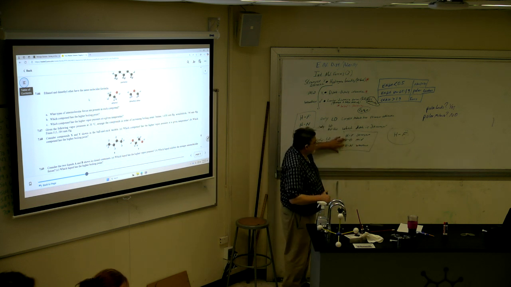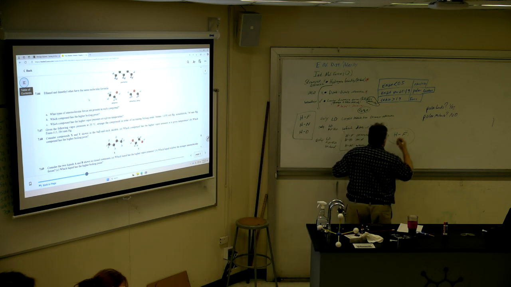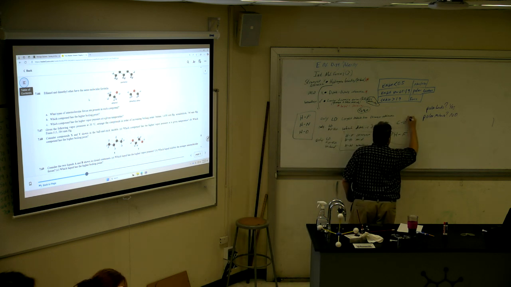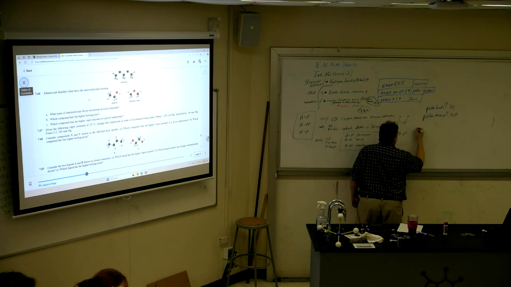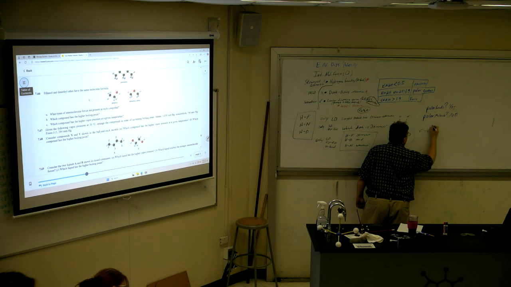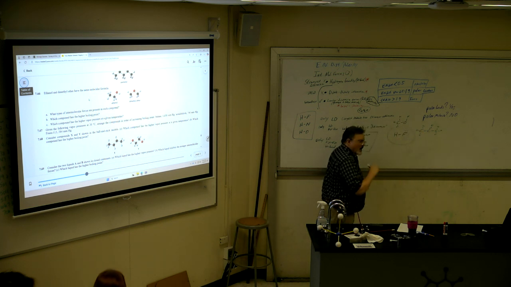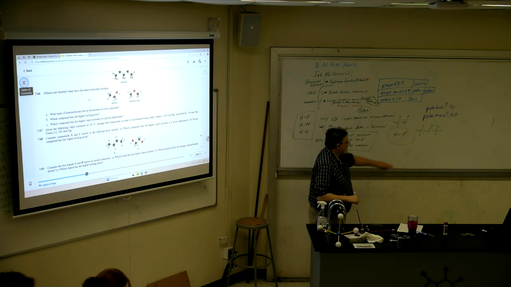You're usually comparing these two because you can do that in many different ways. I'm going to end class here, but the only time you will ever see hydrogen bonded to fluorine is that's the whole molecule.